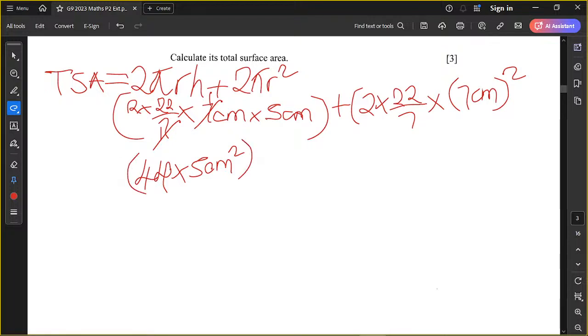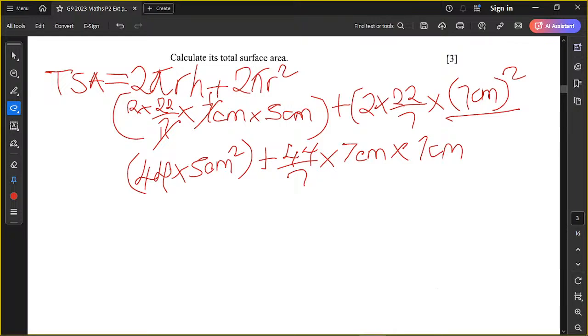All of that plus 2 times 22, which gives 44, over 7, then we expand 7 centimeter squared, which is 7 centimeter times 7 centimeter.